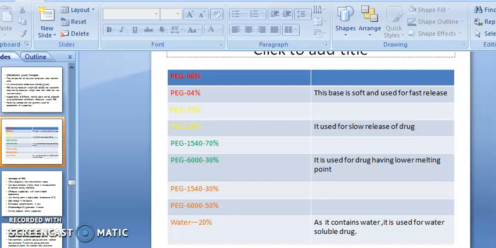This combination contains water, so it is used for water soluble drugs. If you want to prepare a suppository of such a drug, you go for this combination and use this base for the preparation of your suppository.